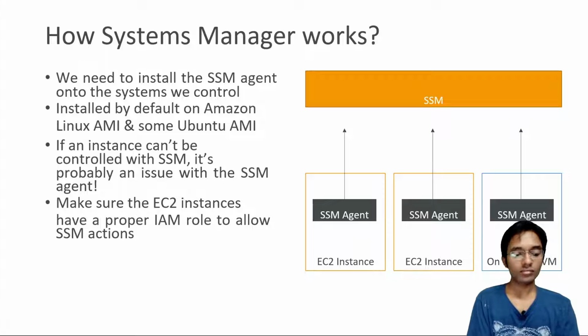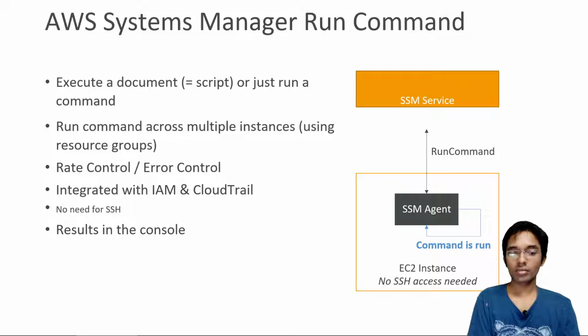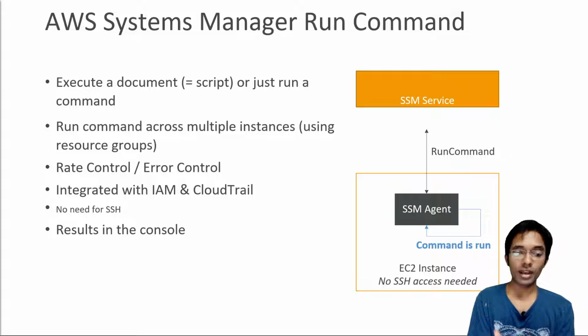The first one we'll discuss is Run Command. Run Command is very explicit: it allows you to run commands. These can be a document, a script, or just one command.